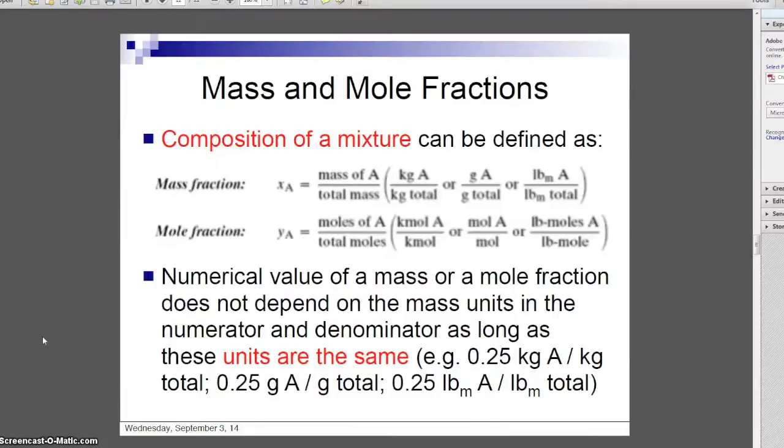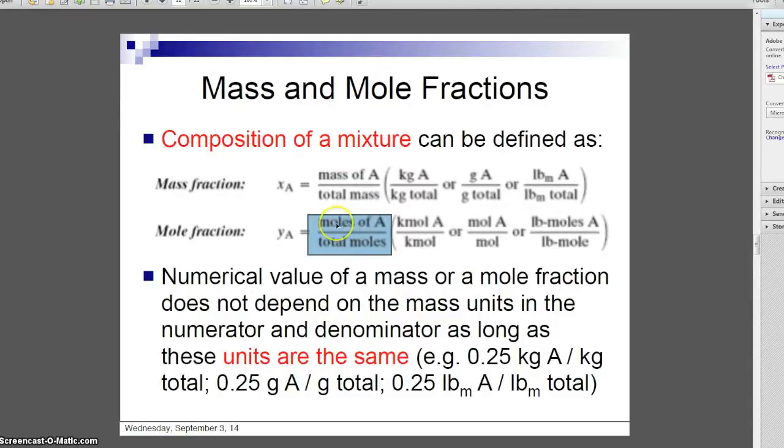So now let's look at chemical composition, and we start with mass and mole fraction. The composition of a mixture can be defined by the mass fraction and the mole fraction. Mass fraction is the mass of something over the total mass, while the mole fraction is the moles of something over the total moles.